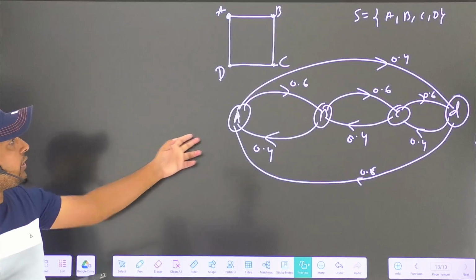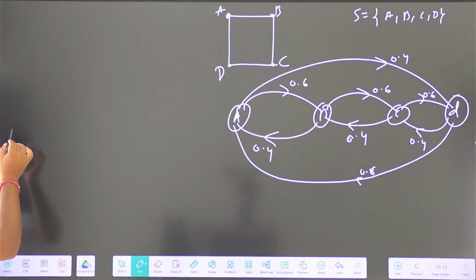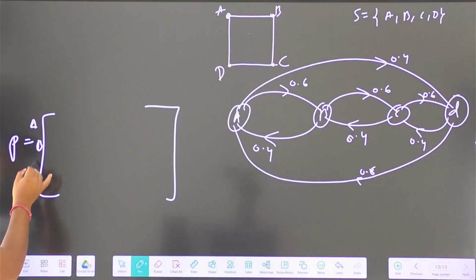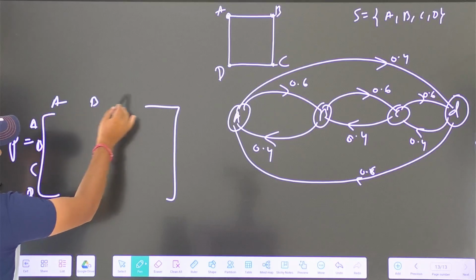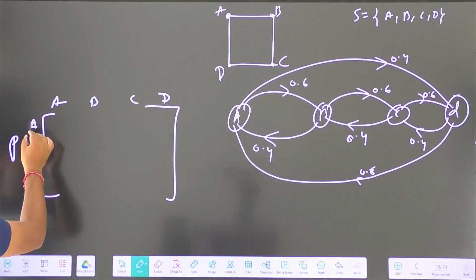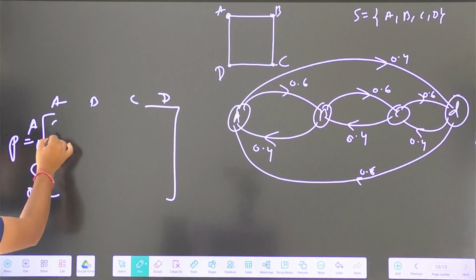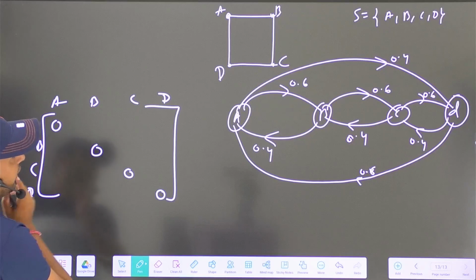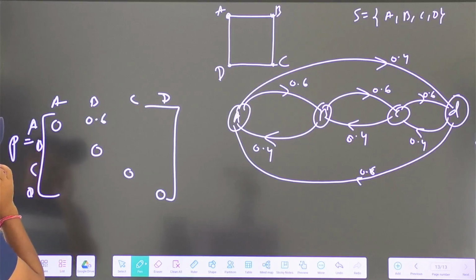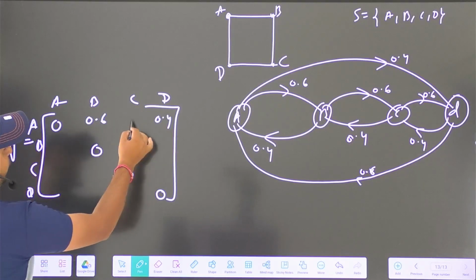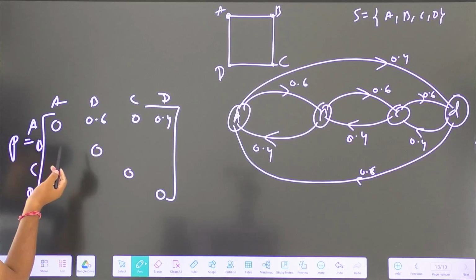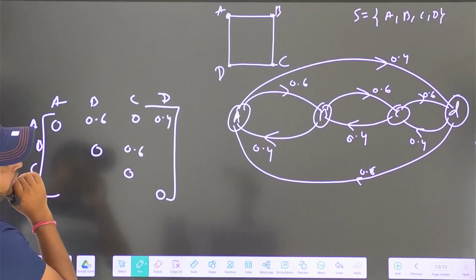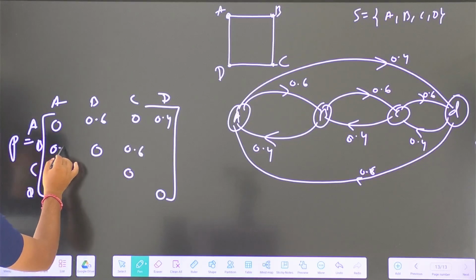So we can make the transition probability matrix. What will the matrix be? It will be A, B, C, D, right? So A to A it cannot go, so the diagonals are 0. A to B it can go with 0.6 and A to D 0.4. Similarly, B to C 0.6 and B to A 0.4.